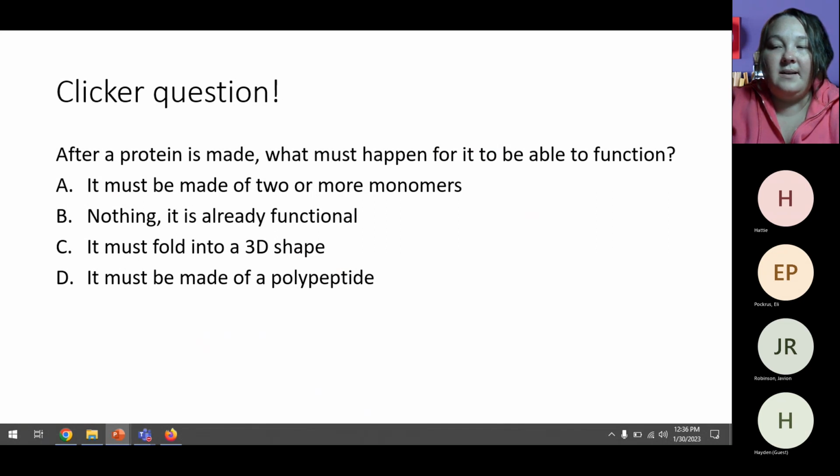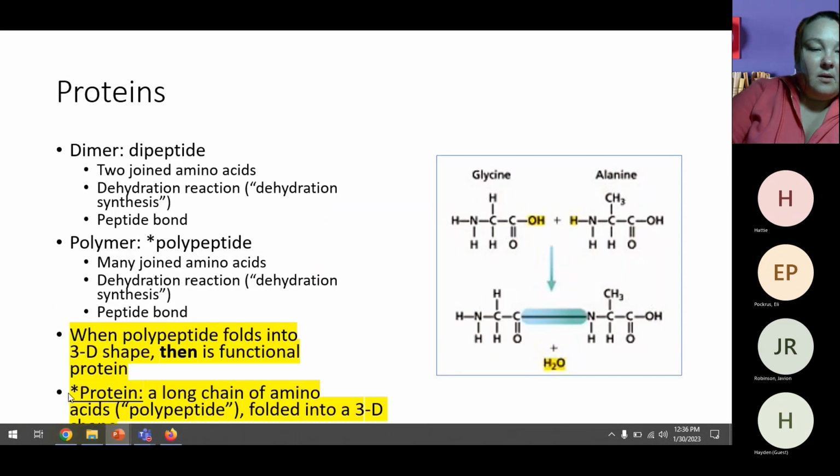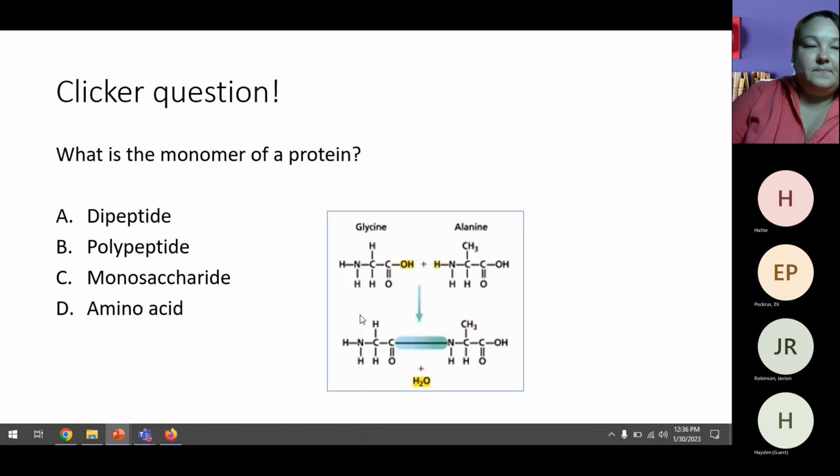Wow, we are split here. 33% chose A, 33% chose B, and 33% chose C. The correct answer here is C, because a shape is the most important feature of a protein. Remember, when a polypeptide folds into a three-dimensional shape, then it is a functional protein.